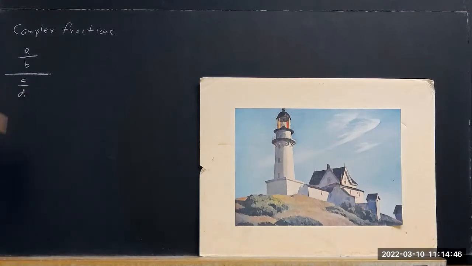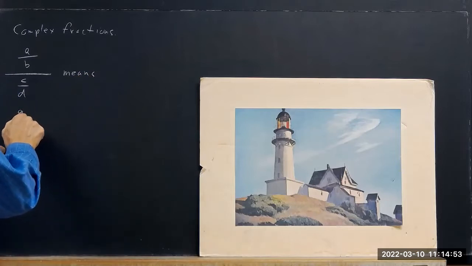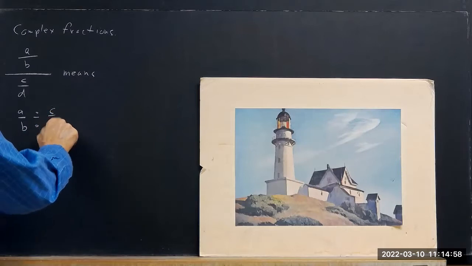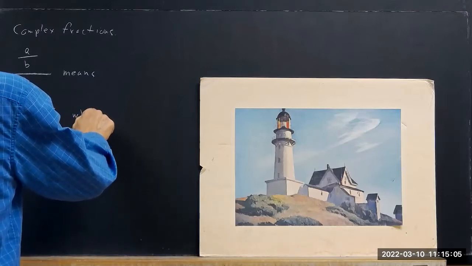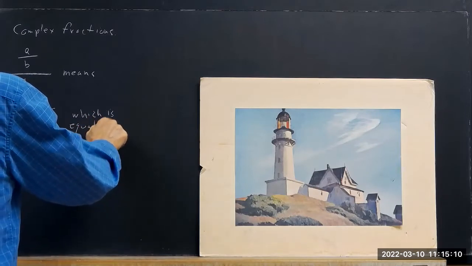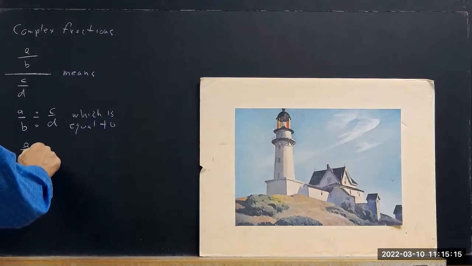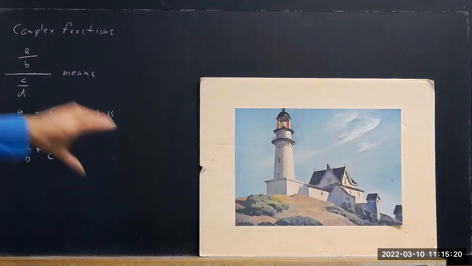A over B divided by C over D means A over B divided by C over D, which is equal to A over B times D over C, because division is the same as multiplication by the reciprocal.